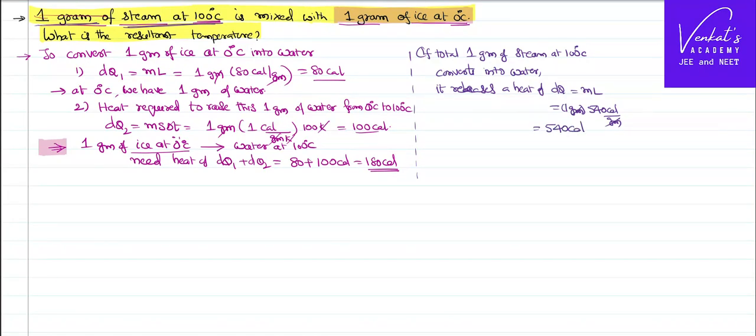So if you notice carefully, we need a heat of 180 calories, but there can be a maximum release of 540 calories when the entire 1 gram of the steam is converted into water. What is the meaning of this?